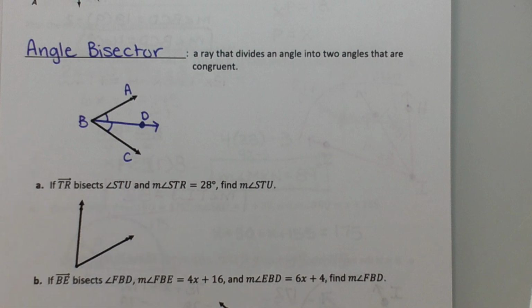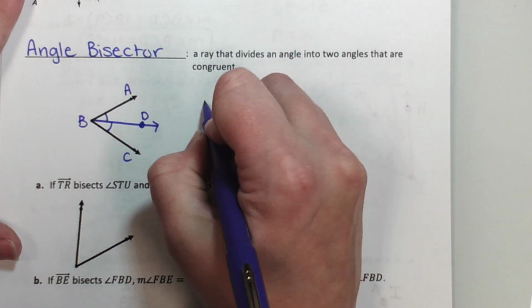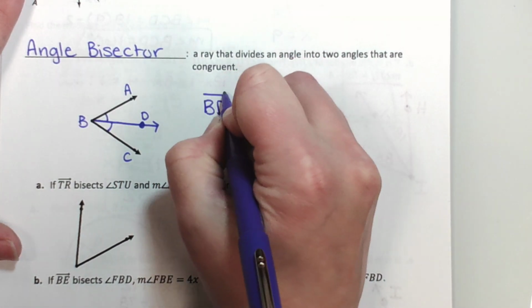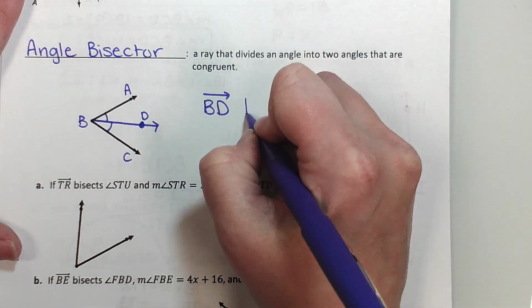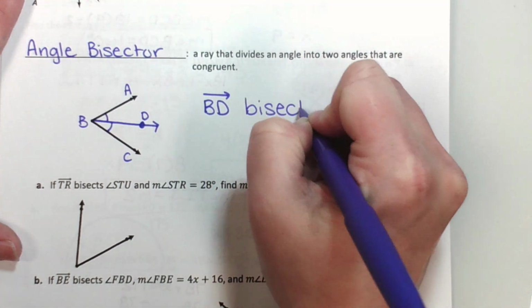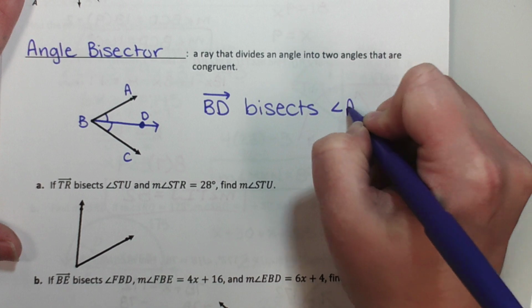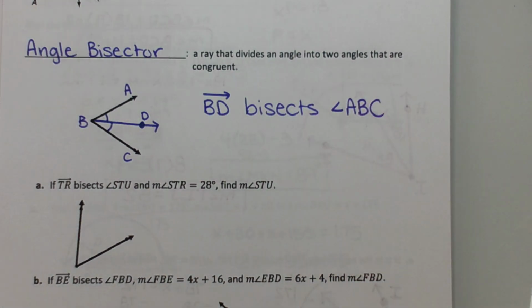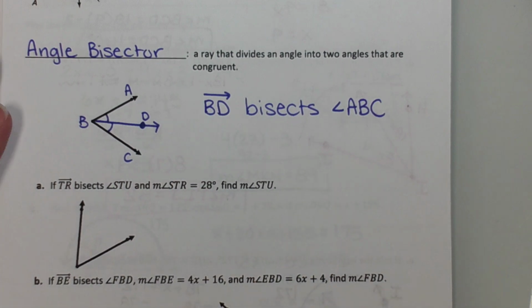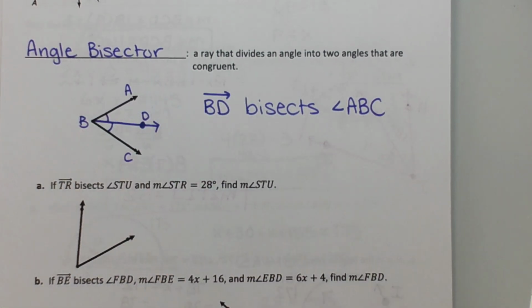Now, if this is my picture, I would write this out as BD, the ray, bisects angle ABC. Now, I write this out because one of the most common things that I see throughout geometry is that when they see BD bisects angle ABC, a lot of the time they say, okay, this goes through the middle, therefore that ray and that ray are congruent.